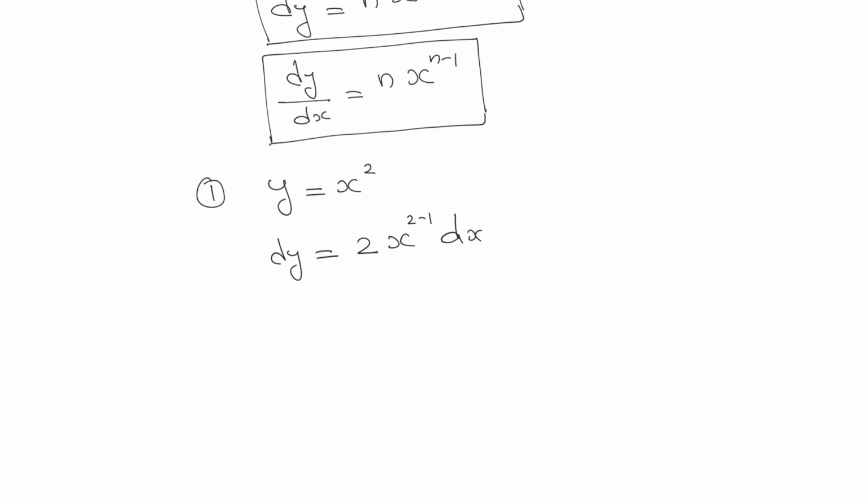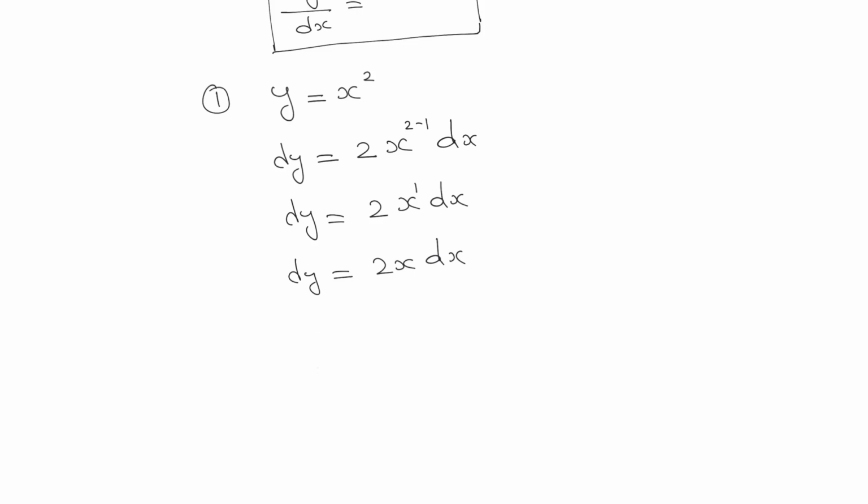So dy is equal to 2 into x raised to 1 into dx, and x raised to 1 is nothing but x. So dy is equal to 2x dx, or if you'd like to find dy by dx, it will be equal to 2x.